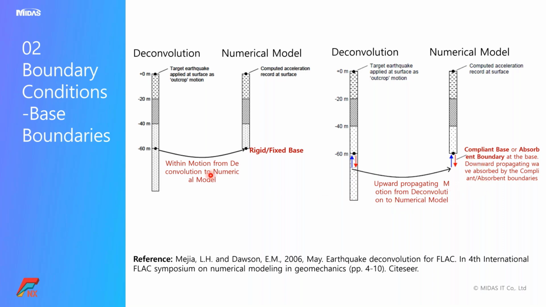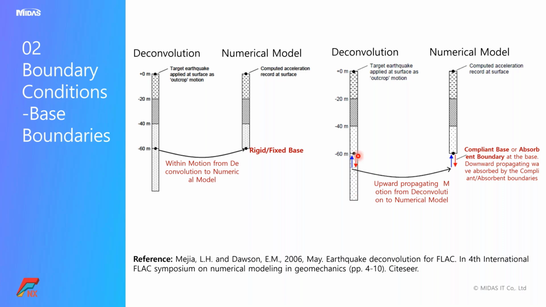In this particular study, we obtained a within wave, so we are going to apply a fixed base at the bottom of the model. The difference between a within wave and rock outcrop motion is simple.